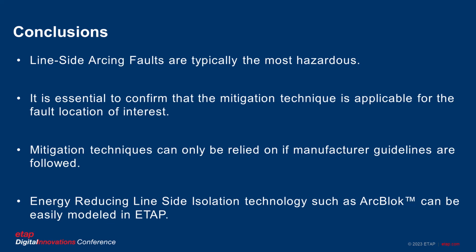We want to make sure that the covers are on and they're not being tampered with. The moment we start messing with the covers and operating that equipment in a way other than what the manufacturer has recommended, of course, we cannot take credit for the energy reducing capability of the equipment. So do keep that in mind when using this type of equipment.